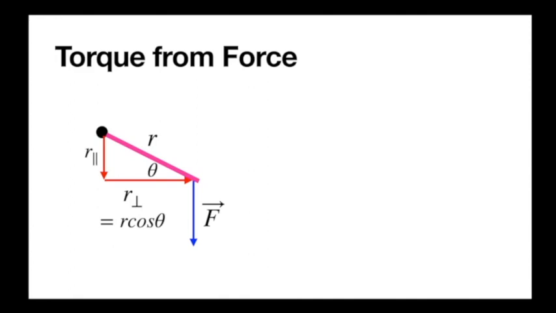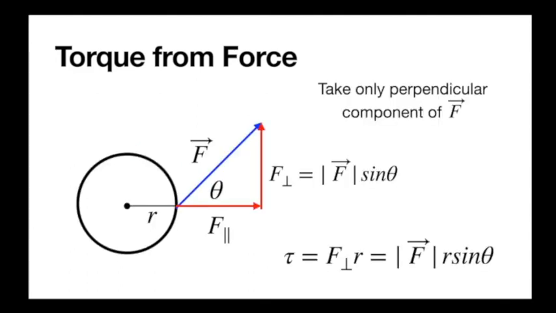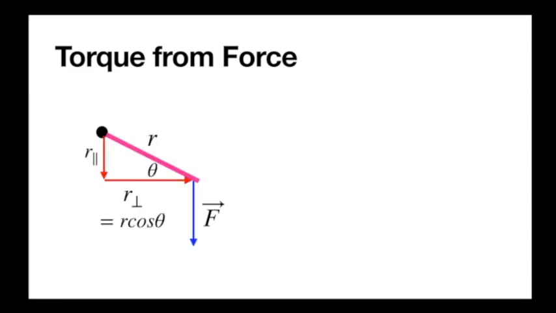So why don't we instead keep F the way it is and make R vertical and horizontal, in which case we just need to grab the piece that's perpendicular to F, or that comes from the cosine here. But since F is vertical, we need the horizontal component of R. On the previous slide, R is horizontal, so we needed the vertical component of F, just the opposite here.